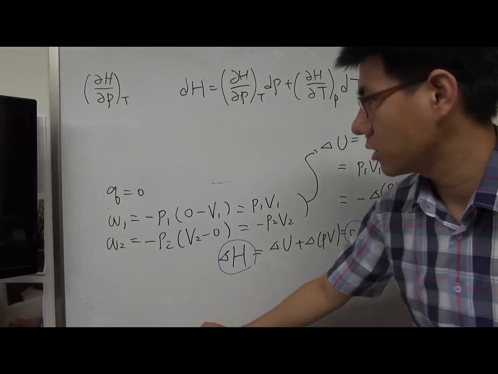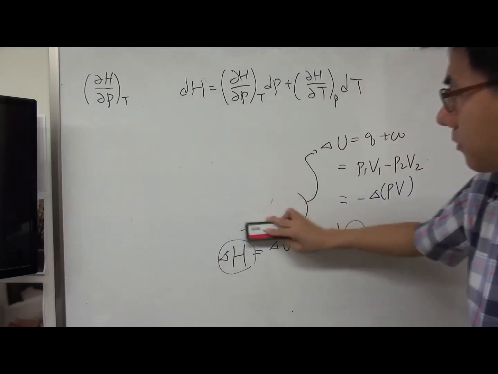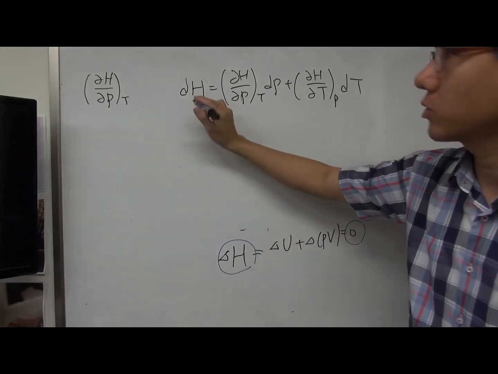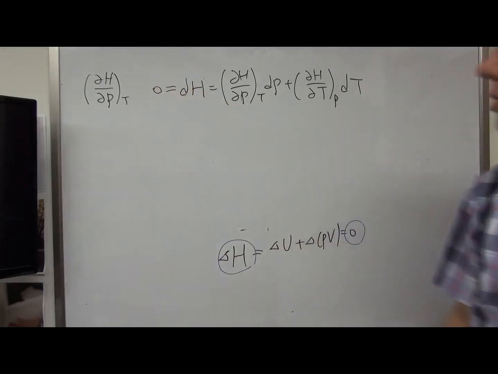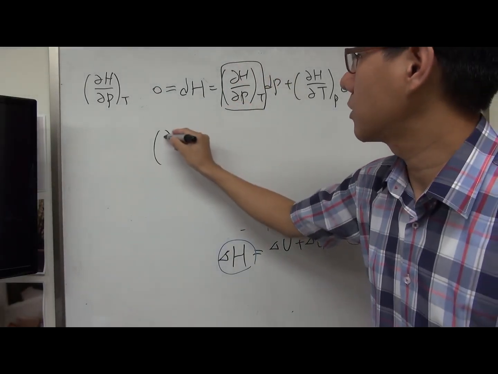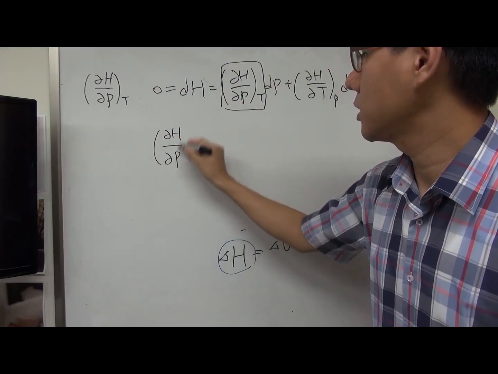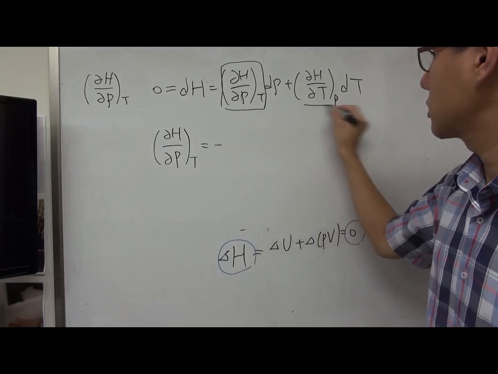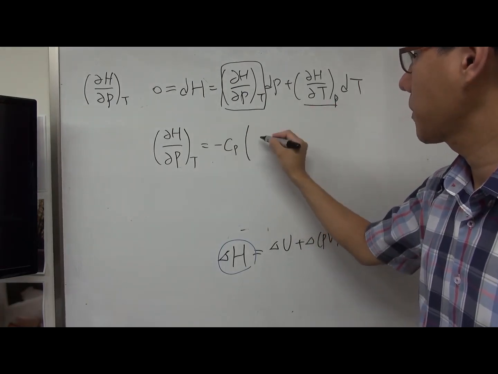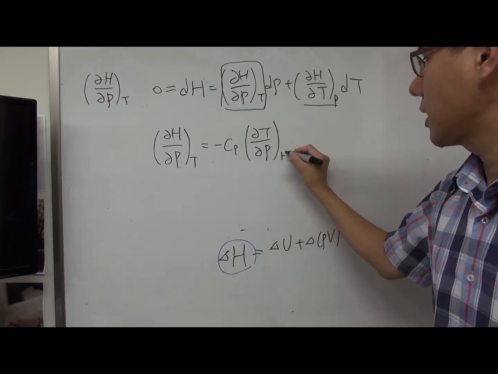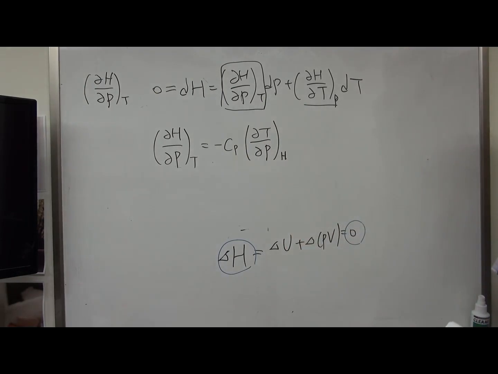We started from here. And this whole process is a constant enthalpy process, which means that this is 0. And we want to determine ∂H/∂P at constant temperature, which can be expressed as minus Cp times ∂T/∂P at constant enthalpy. We can get the same expression using the chain rule.